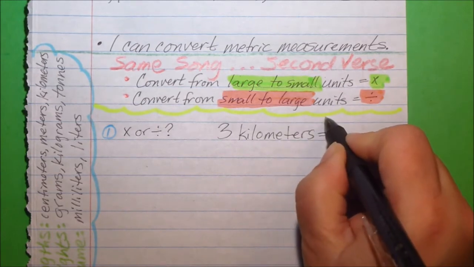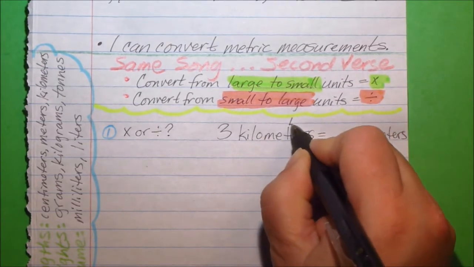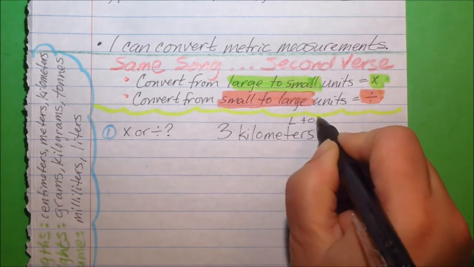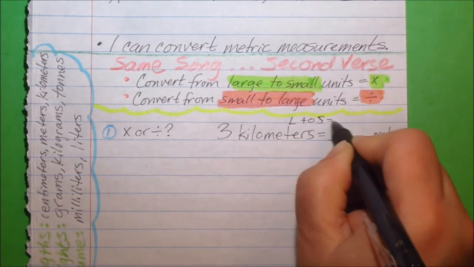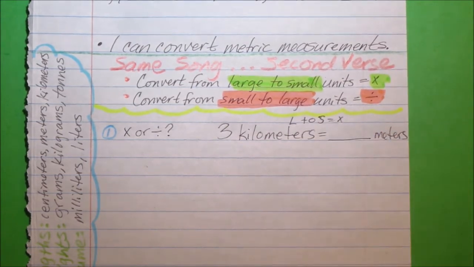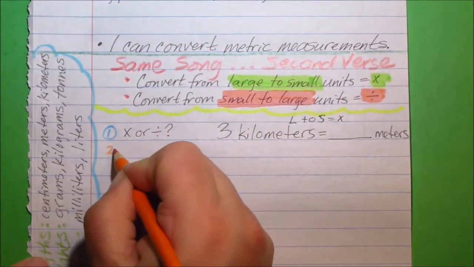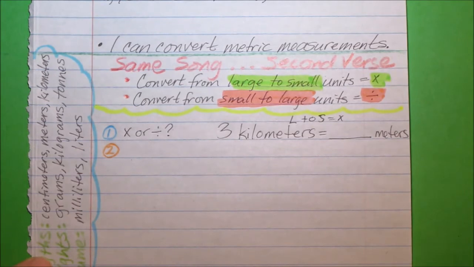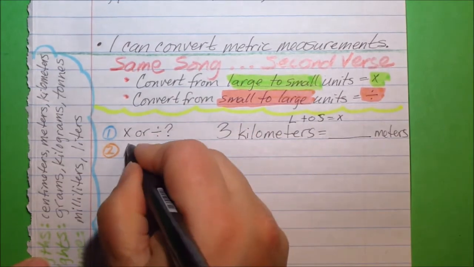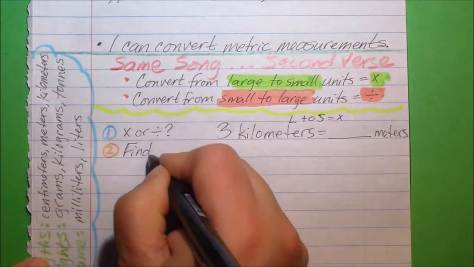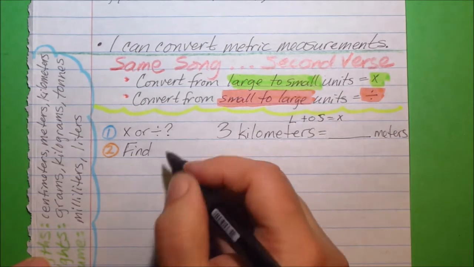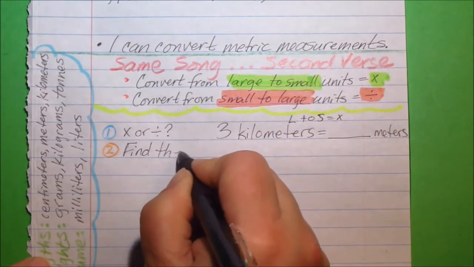So I'm going to write right up here, L2S equals multiply, so I don't forget. All right, so I made that decision. My second step then is to find the conversion factor.